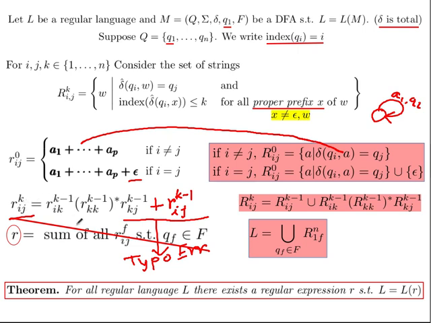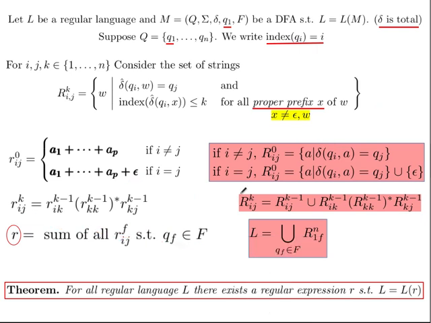After doing everything, here again this should be the sum of all R_1f^n, the union of all R_1f^n. The corresponding regular expression will be this; again, here is a typo.